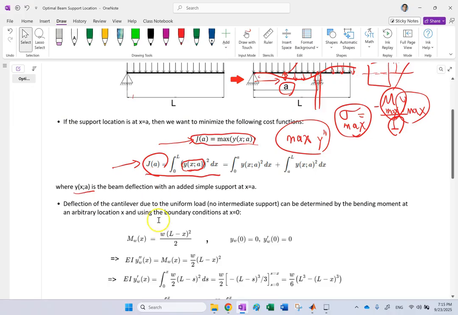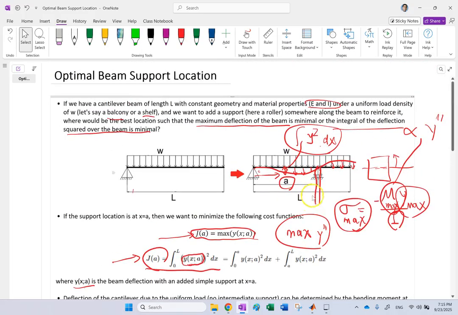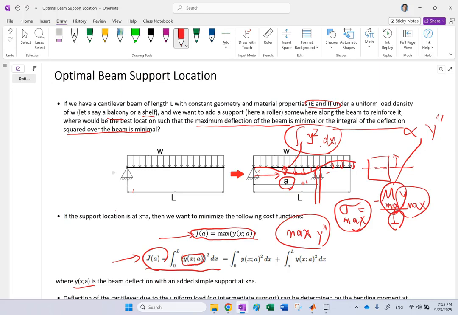And so here we can use superposition. We can say this scenario here is like the cantilever beam which is subjected to a uniform load, plus a cantilever beam which is subjected to a vertical force reaction at the roller.